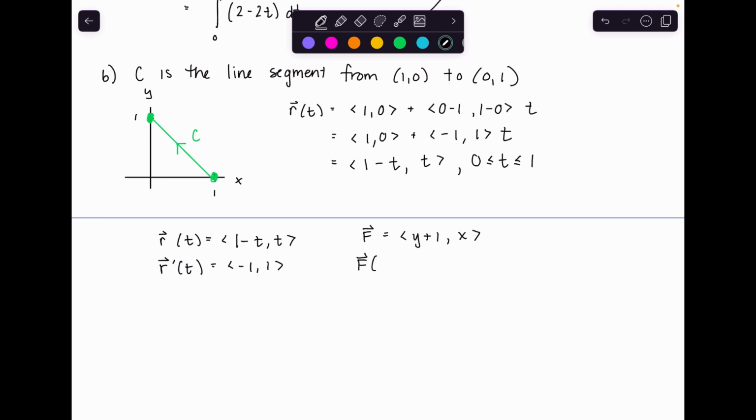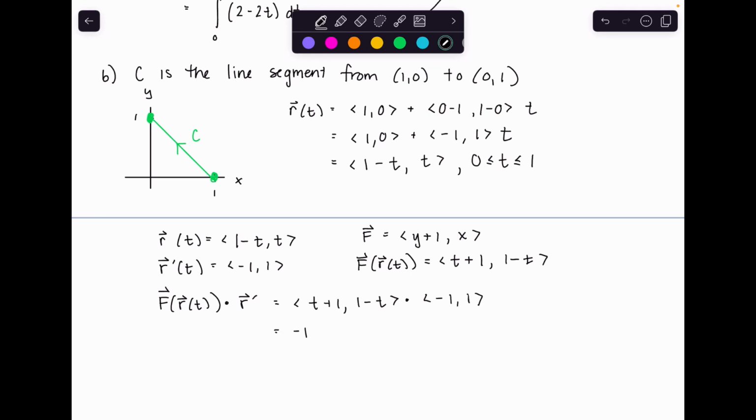So my vector field on this curve, well, my y is t, and my x is 1 minus t. So this time I'm going to go ahead and do the dot product between these already, so I don't have to do it inside the integral. You're going to take t plus 1, 1 minus t, and dot product it with negative 1, 1.